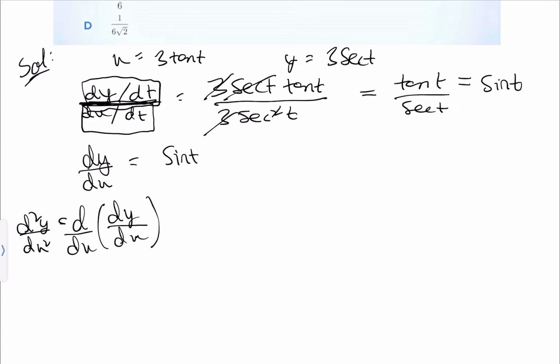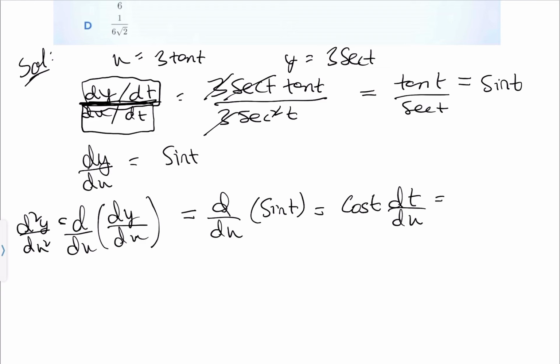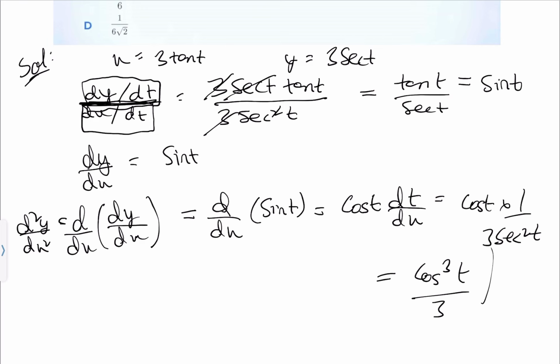Okay, so it will be d by dx, which equals cos t times dt by dx, equals cos t into 1 upon thrice of sec square t, right? And so this will be cos cube t upon 3, right?